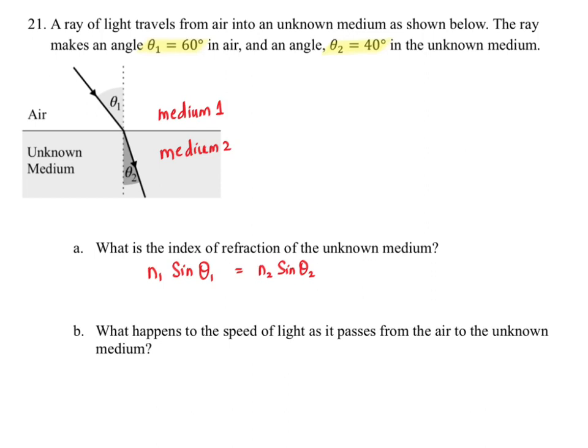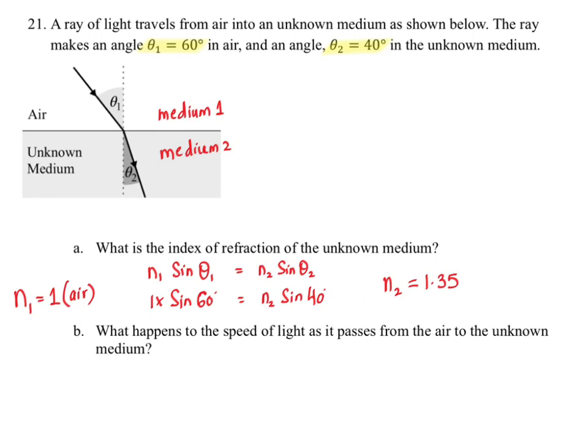Snell's law gives us n1 sine theta 1 equal n2 sine theta 2. The first medium is air, so n1 is equal to 1. So we can substitute the numbers into the equation and solve it using our calculator, shift solve, and get the answer as 1.35.